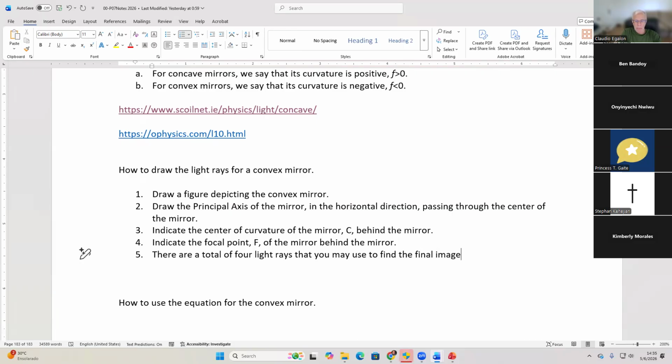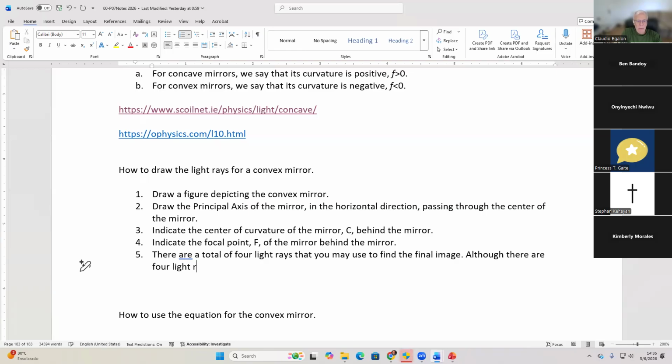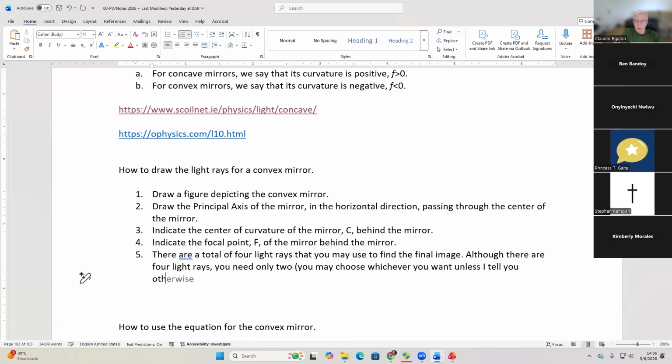However, although there are four light rays, you need only two, and you may choose whichever you want, unless I tell you otherwise. What are those light rays?